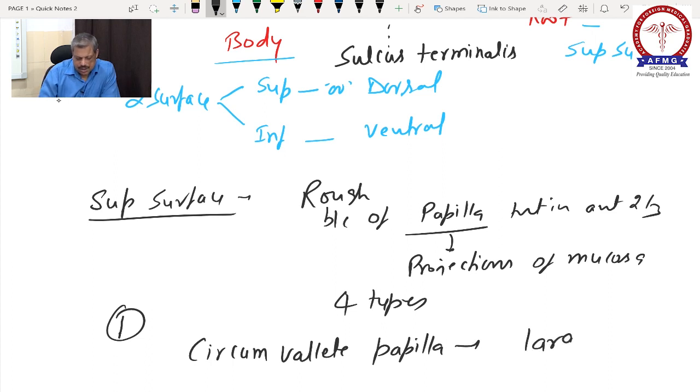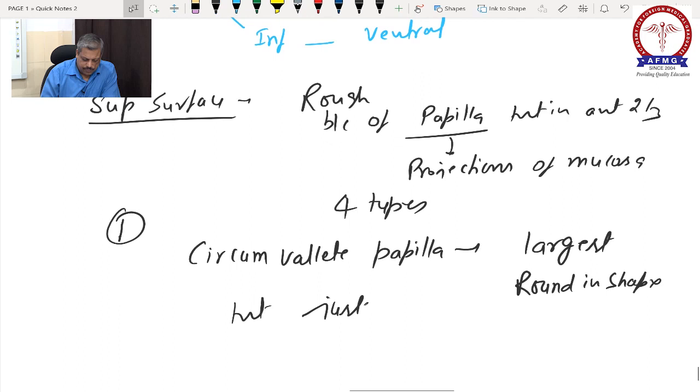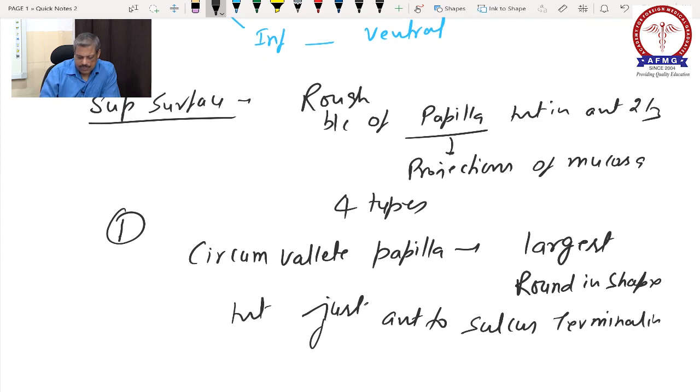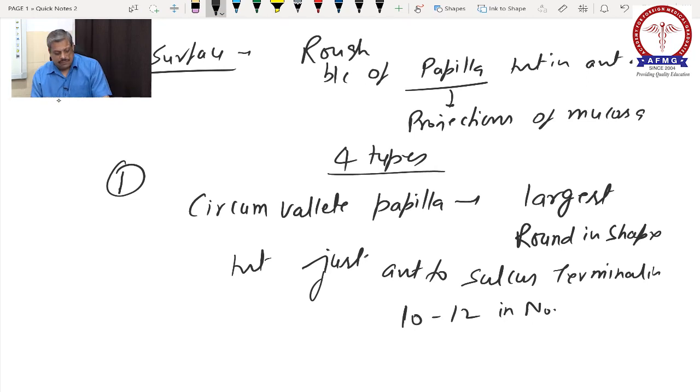This is the largest in size. These are round in shape, they present just anterior to sulcus terminalis. These are 10 to 12 in number. Clear?